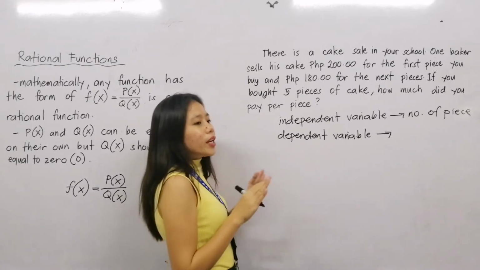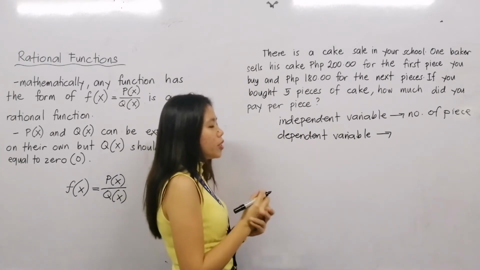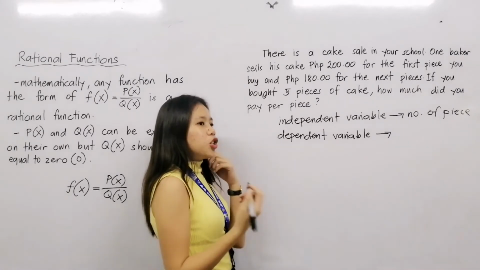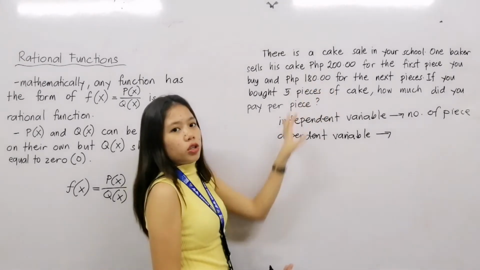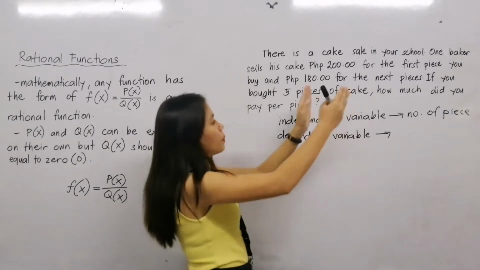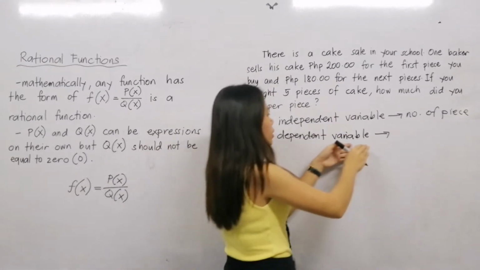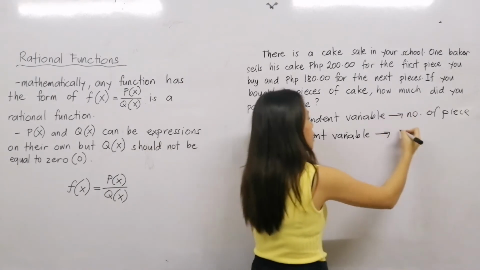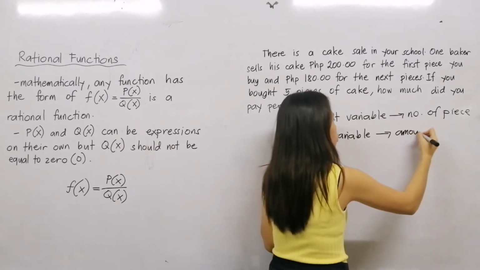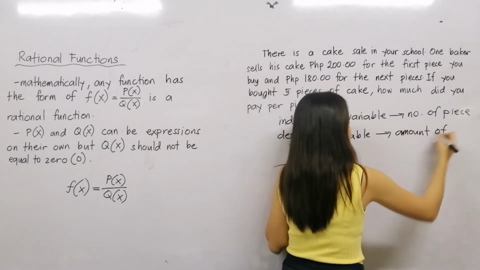But take note, we are not going to solve, class. We are just going to identify the rational model or the rational function here, the representation of this situation. Going back, the dependent variable here is what we are looking for. Since we are talking about how much, the missing value is the amount of money.